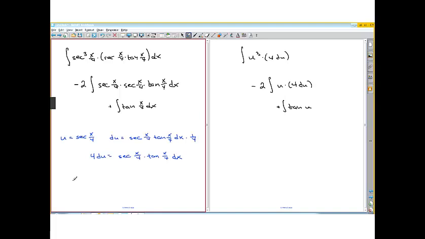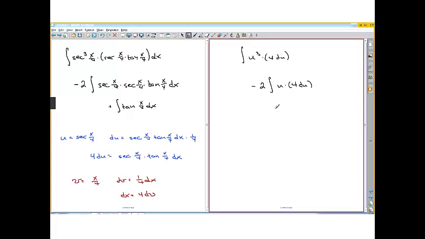So let's do the second part. So v is actually equal to x over 4 in this case. So dv is equal to 1/4 dx. So dx is equal to 4 dv.